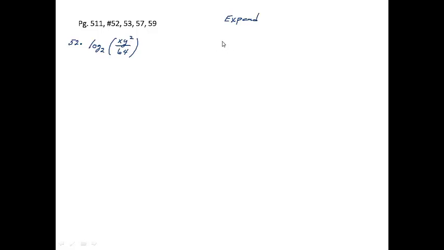Okay, so expand means you go from one log to many logs, right? So let me remind you of the property. Log of A times B is the same as log of A plus the log of B. And log of A divided by B is equal to the log of A minus the log of B. You go from one log to many logs.